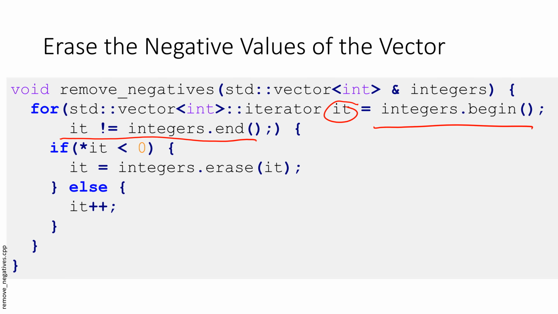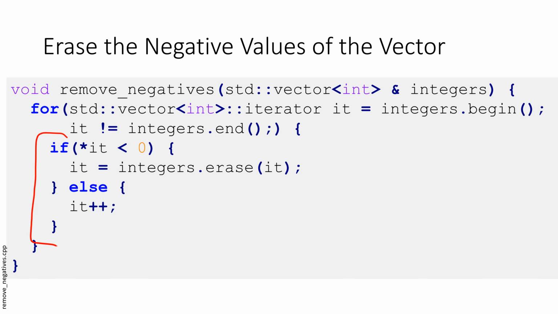So that's all normal. But I don't actually increment it in the header of the for loop. That looks a little weird. Why do I do that? Well, here's the work of the for loop. If what the iterator is pointing to is negative, then I want to remove it.